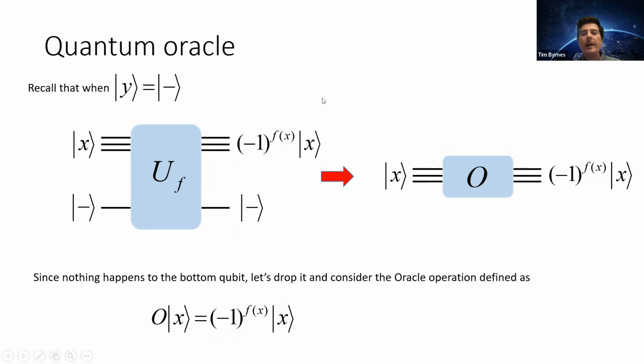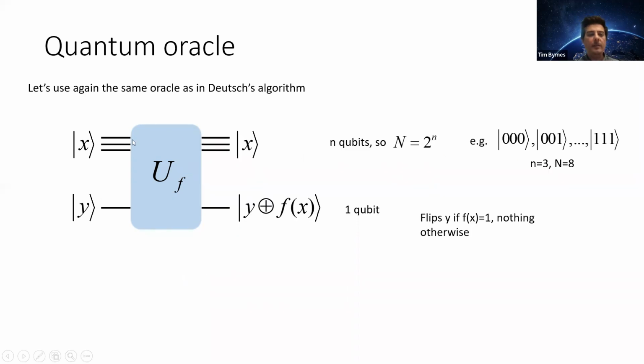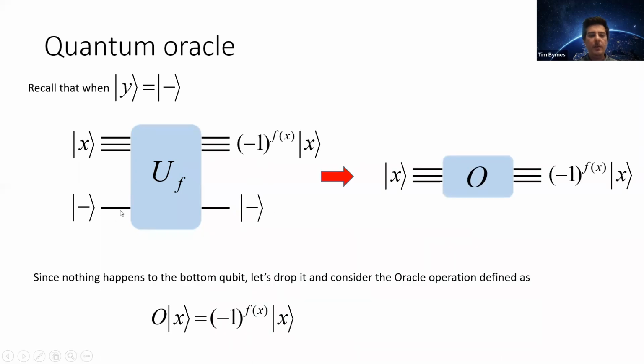So if you find this whole thing with the U_f and putting the minus state in confusing, instead you can just say that we're going to implement the oracle using this kind of formulation, where the input state is x, and the output state is -1 to the f of x.